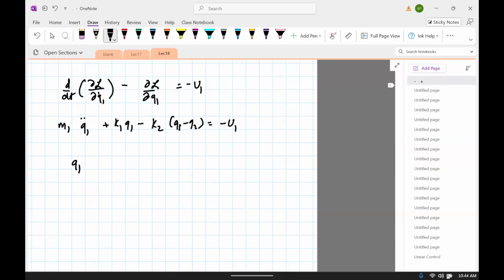So we can write q1 double dot equals, I'm going to move all the q1, q2 terms to the right side.